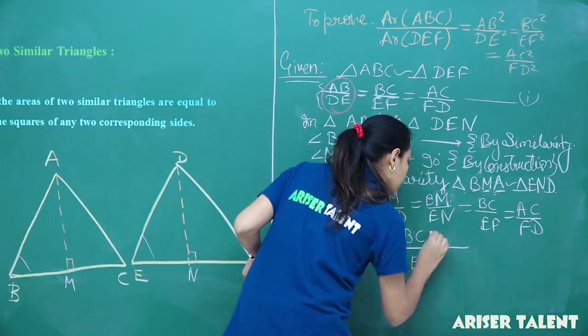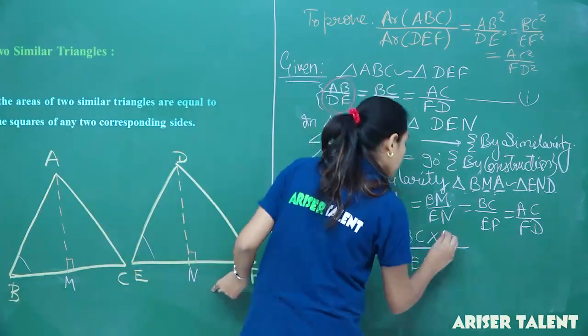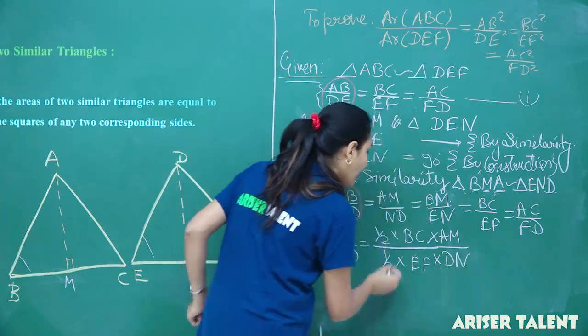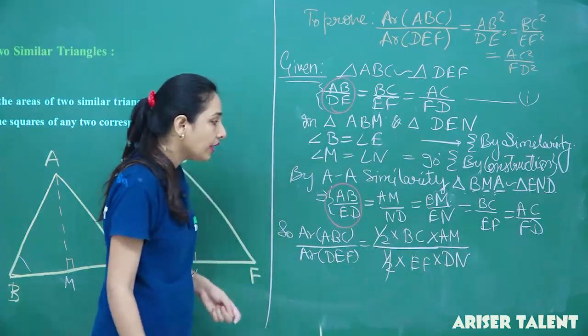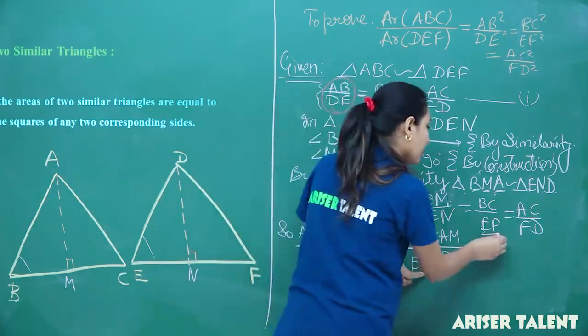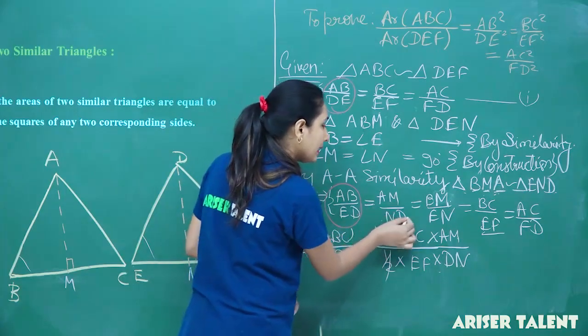These are the bases and the heights: the height is AM here and DN here. Now I am cancelling out half with half. Now BC by EF is here and AM by DN is here.